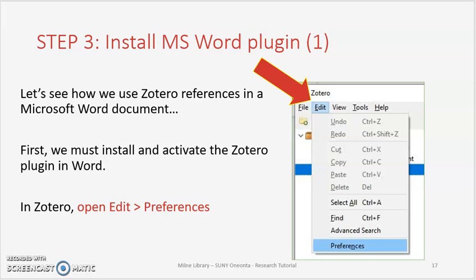All right, last step. We're going to install the Microsoft Word plugin. This is how we use Zotero references in a Microsoft Word document. So first, we're going to install and activate the Zotero plugin in Word. In Zotero, open Edit and then Preferences.